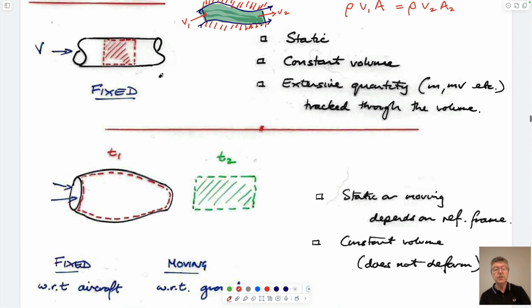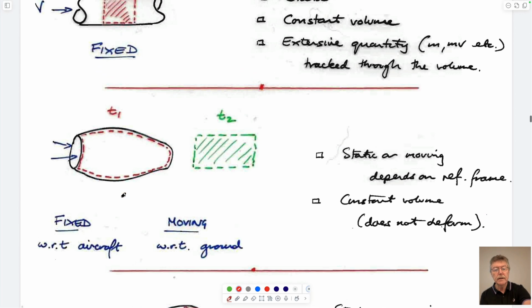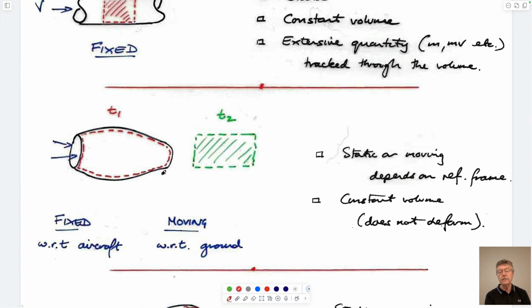If you look at a jet engine, then that could be fixed if it's sitting on the ground, but it's moving but not deforming if it's moving on a plane, right? It's the same shape, so the shape and size of it don't change as it translates as you take off.